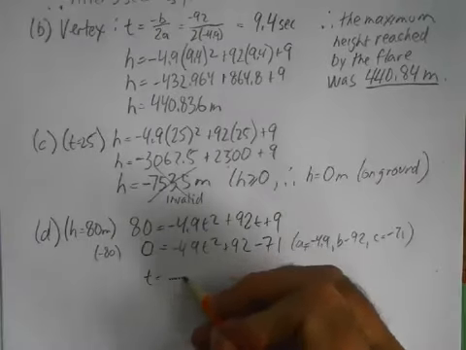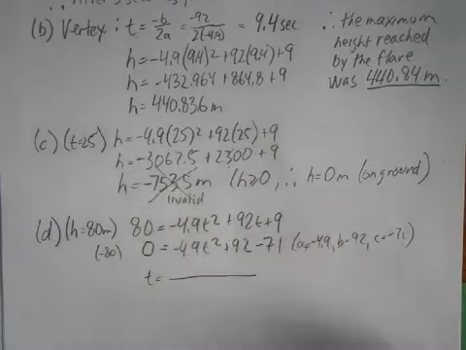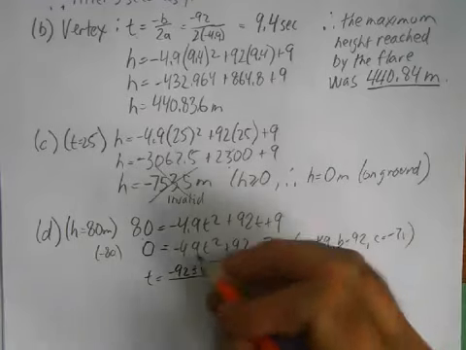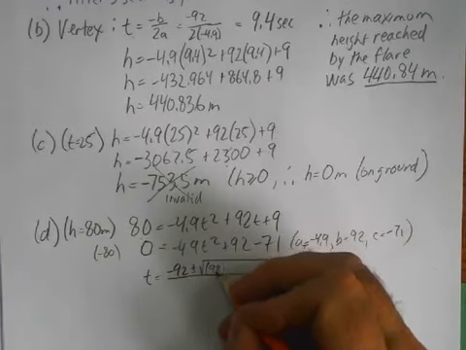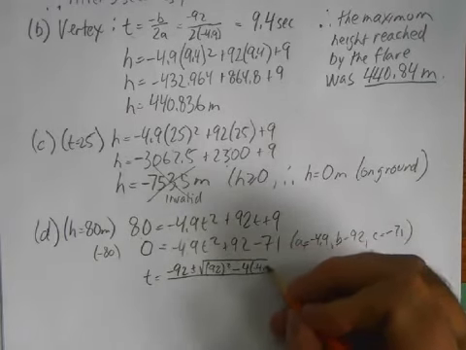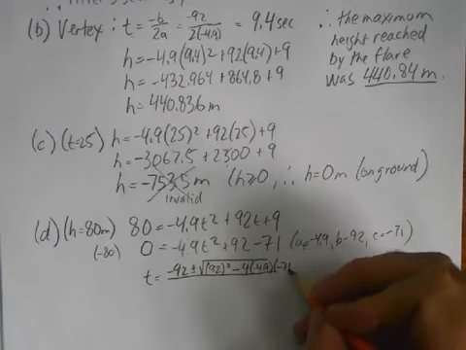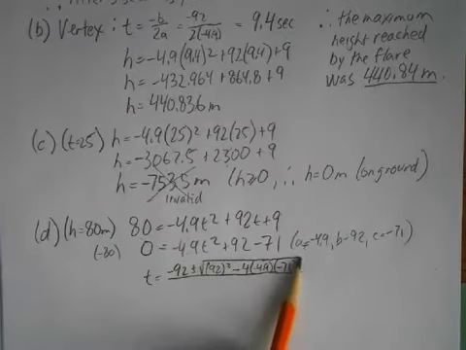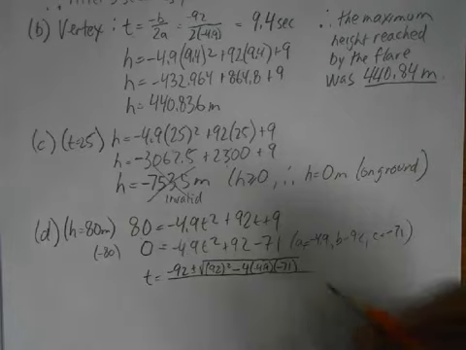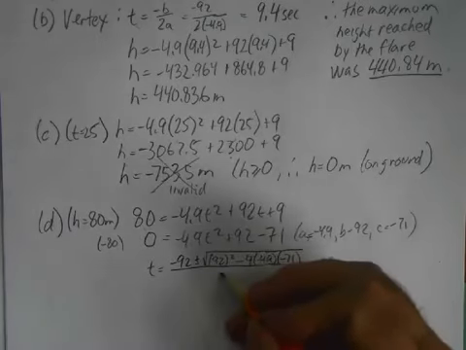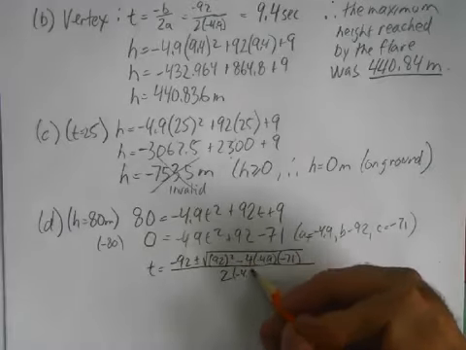So t is equal to negative b, so that's negative 92, plus or minus, leave yourself lots of room, the square root of b squared, which is 92 squared, minus 4 times a, which is negative 4.9, times c, which is negative 71. Make sure your square root sign goes all the way across the top, and this division bar also. Make sure you've got enough room and it looks correct. On the bottom I've got 2 times a, and a is negative 4.9.